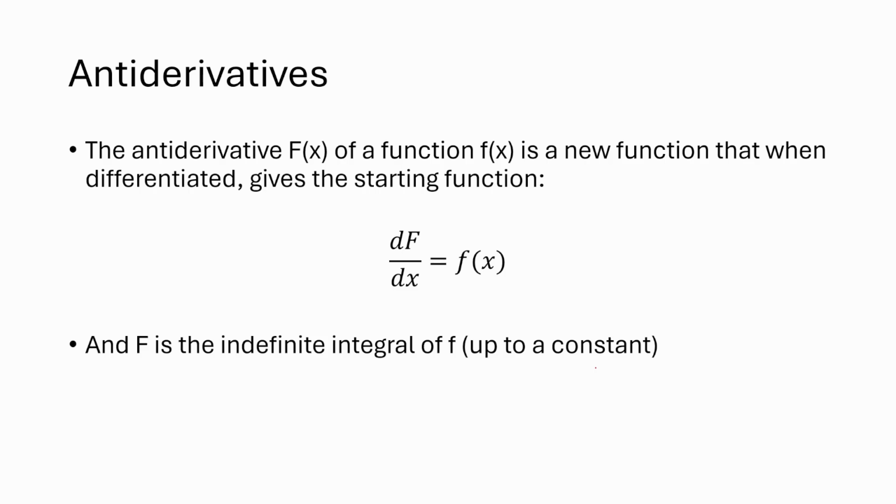And this is the connection between differentiation and integration, that the indefinite integral of little f, plus or minus any constant, is big F. Because then when you take the derivative of big F, you recover little f. So in this sense, derivatives and integrals do have this sort of inverse relationship.